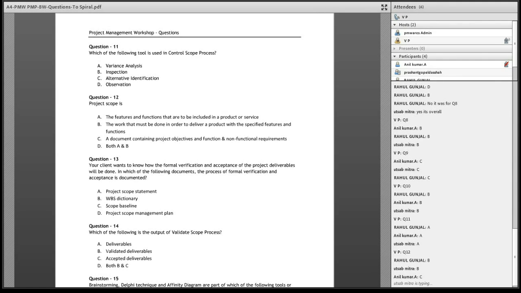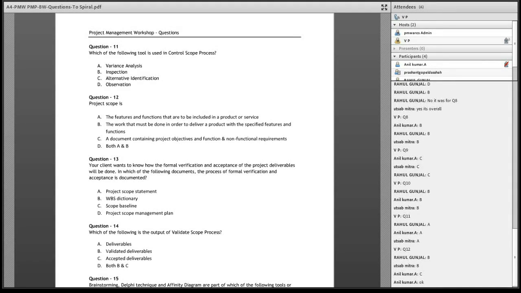And a scope is the total work which is to be done to deliver the product. So C is basically a requirement document. It's not a scope statement.